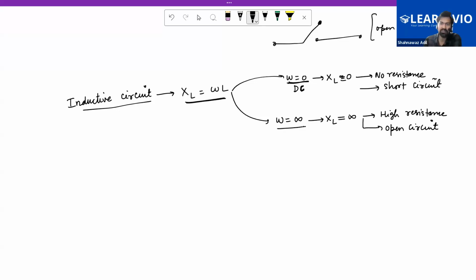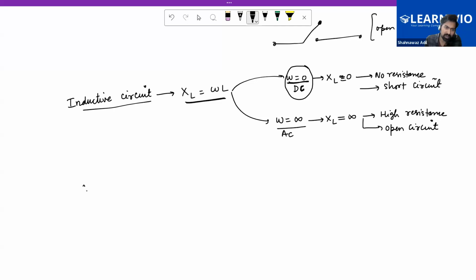So for high frequency, so for AC circuit, for AC current, inductor will provide very high resistance. So in AC circuit, inductor will try to oppose the flow of AC current. It will provide no resistance to DC current, but it will provide infinite resistance or a high resistance to the AC current. So that is all about inductive circuit.